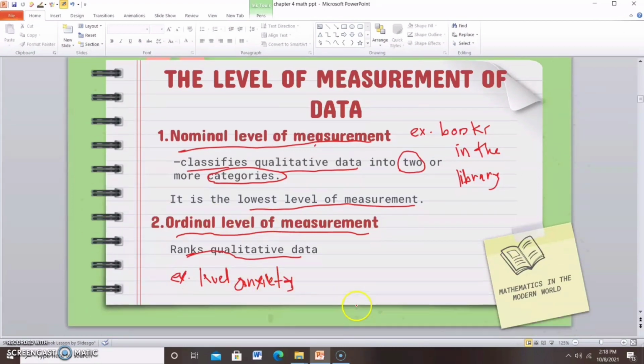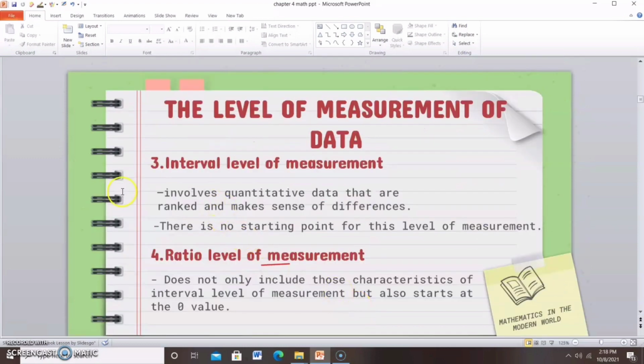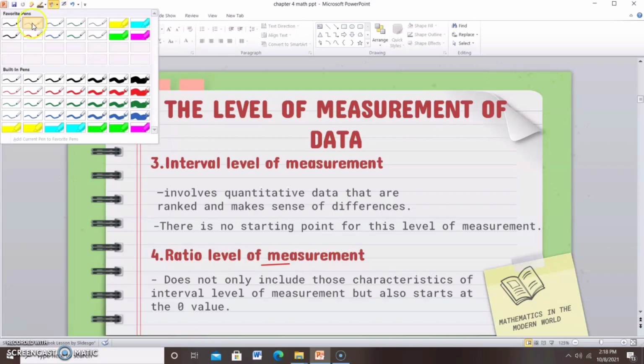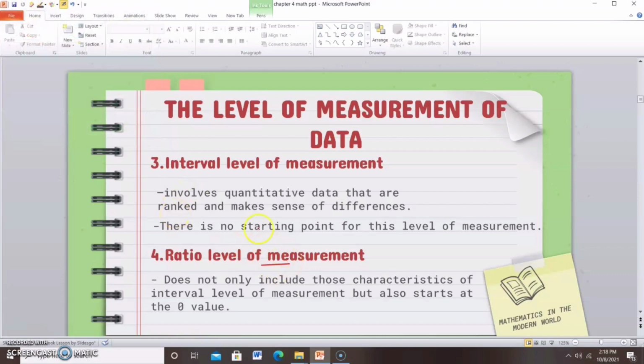The next is the interval level of measurement. It involves quantitative data that are ranked and where differences make sense. There is no true starting point for this level of measurement. An example is degrees Celsius, or temperature.